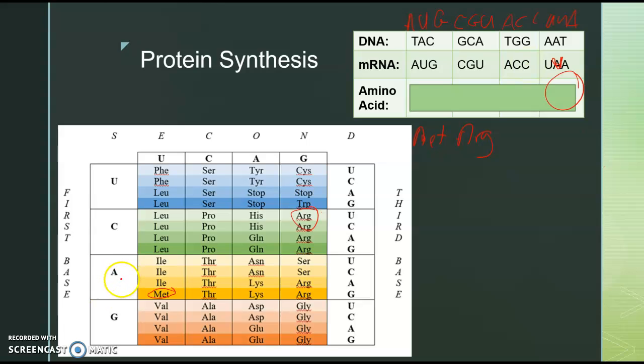So here's A. This is the box of C, and then right there, that's C. So that's going to be THR. And now UUA. Here's U, here's U, and this one right here is going to be A, LEU. There we have it. Met, arginine, threonine, and leucine.